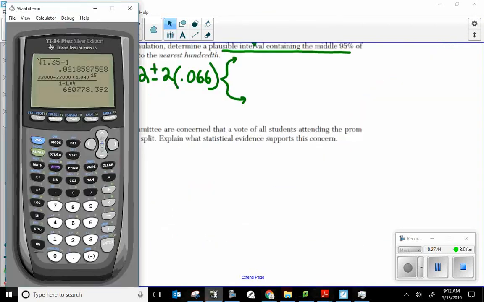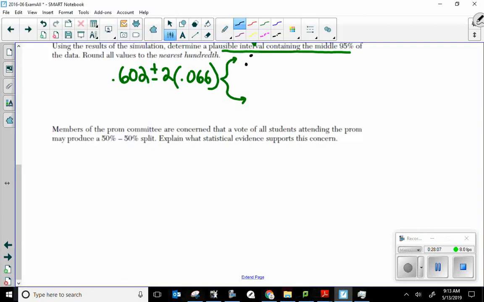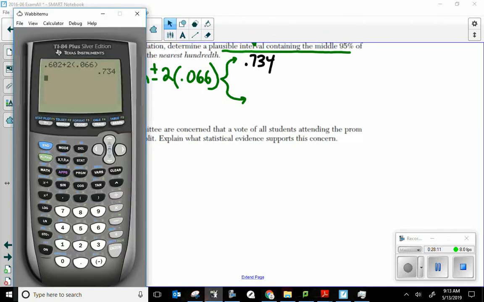I am going to clear this out. 0.602 plus 2 times 0.066. Now, I don't have a plus or minus button, so I'm going to have to add it, then I'm also going to have to subtract it. 0.734. That's my upper limit, or my upper bound of the interval.